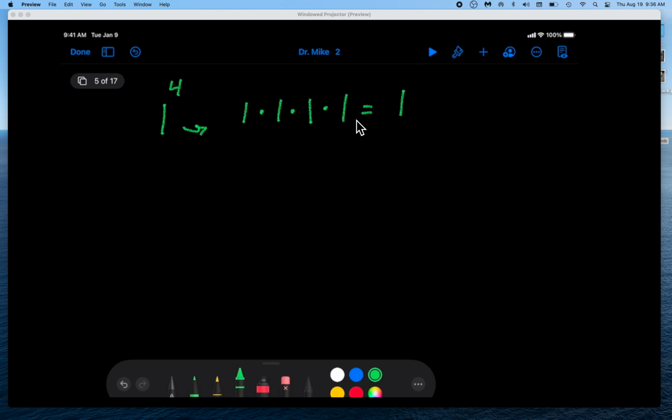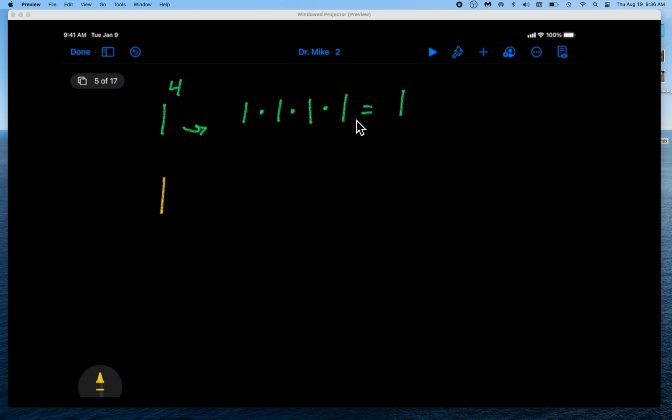What would this be, folks? 1 to the 3rd power. It would be 1 times itself 3 times. 1. So what do we learn from this little exercise? When you take 1 and raise it to an exponent, it evaluates to 1 no matter what it is.